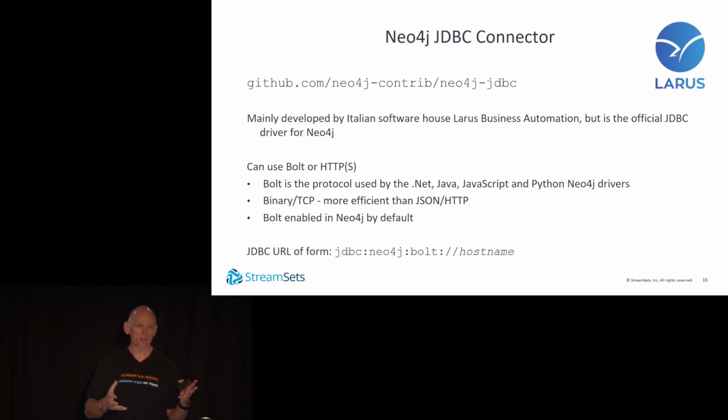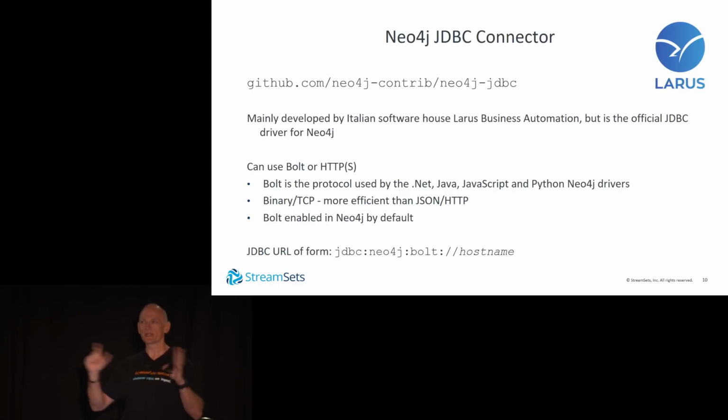One technical note: it can use Bolt or HTTP/HTTPS. Now, Bolt is a binary over TCP protocol that the Neo4j drivers use to communicate with the server. So across all the languages, they all use this low-level protocol.